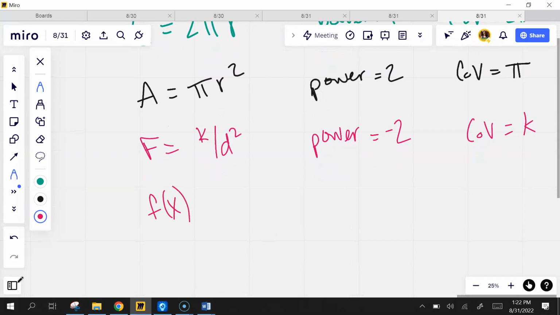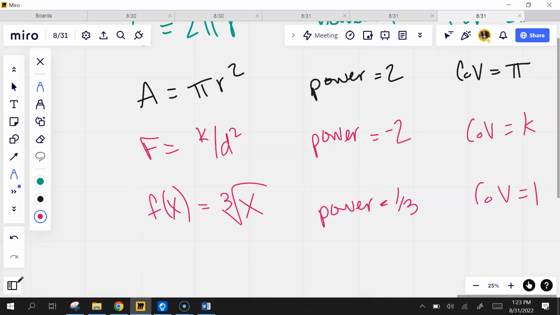Did I have one more last night? Oh, I forgot. Power function or no? What's the power? Constant of variation? Why is it 1?